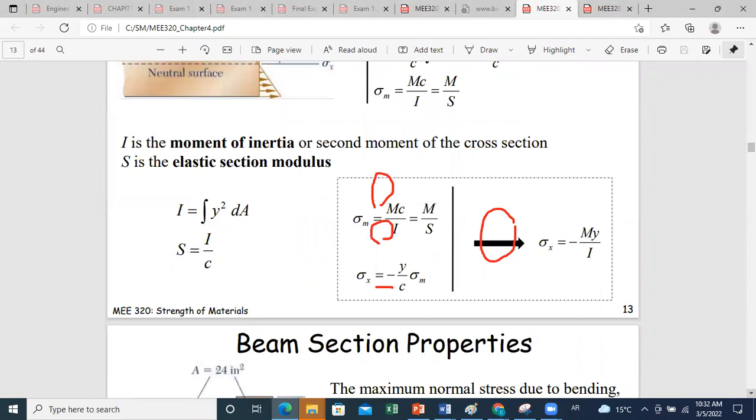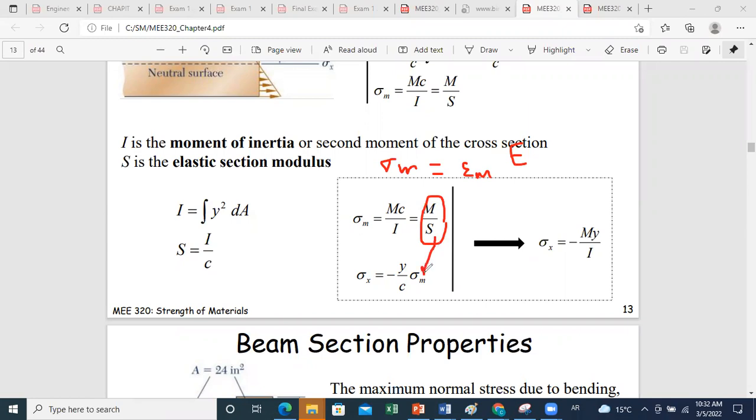We can express sigma maximum as M over S. We can also find sigma maximum as a function of epsilon maximum, because sigma maximum is equal to epsilon m times E. And if we use this combination, we can replace sigma m in the equation of the stress variation with y in this equation here. So this will allow us to find sigma x as a function of y and the bending moment.